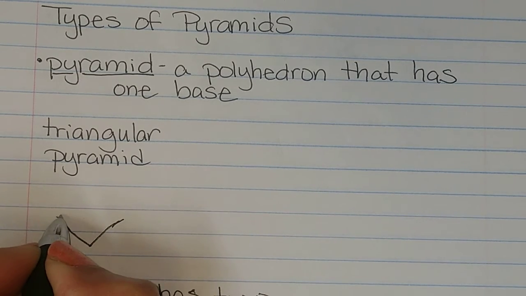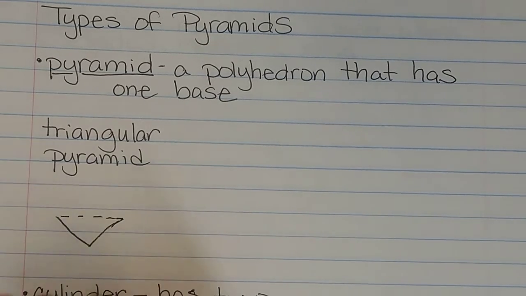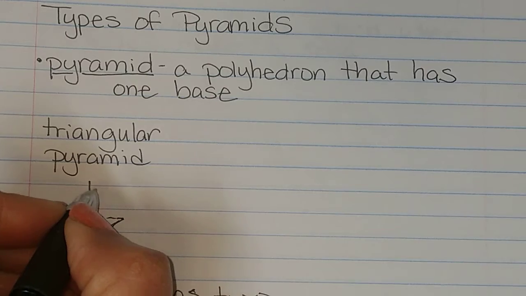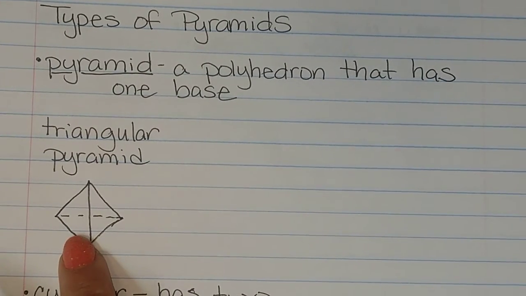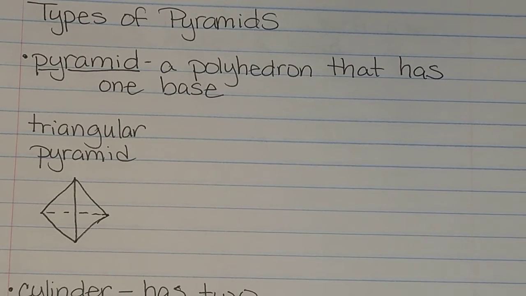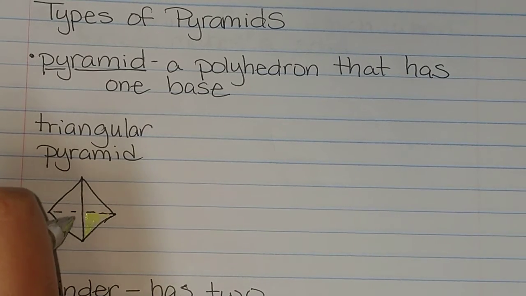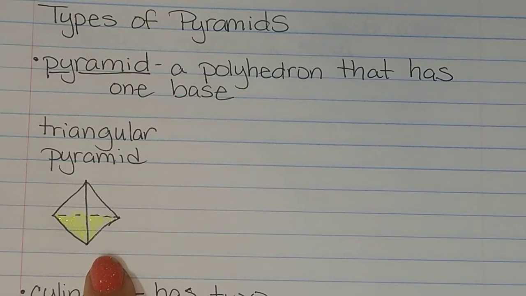And I'm going to have a dotted line across the back. This base forms triangular faces. But you can see that the base is a triangle. I'll color it in so maybe you can see it a little better. The base is a triangle.